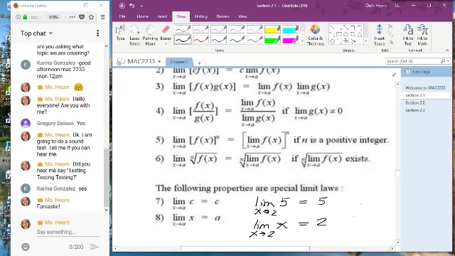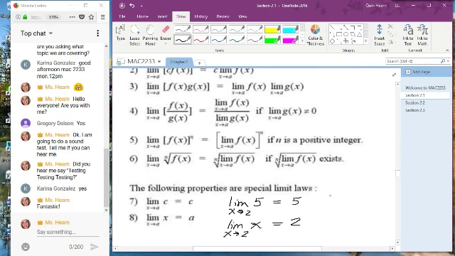So then I said, well, what if I wanted to take the limit as x approaches 2 of 5 plus x? Well, we can break that apart. It's a sum, so we can take the limit of each piece. And we just found the limit of each piece, so that's going to be 5 plus 2, or 7. Okay, so that's where we left off the last time.